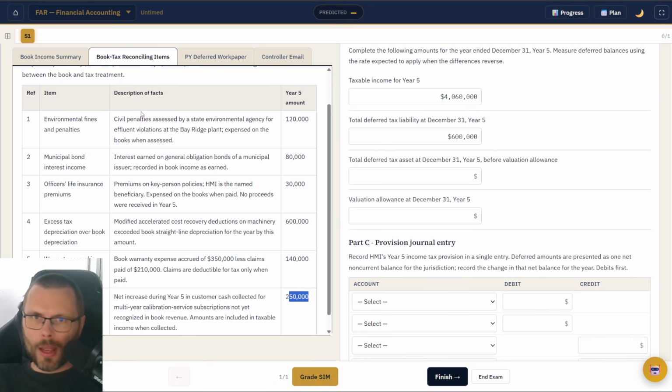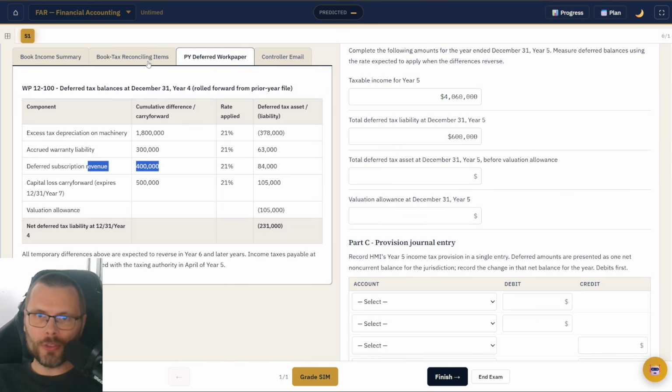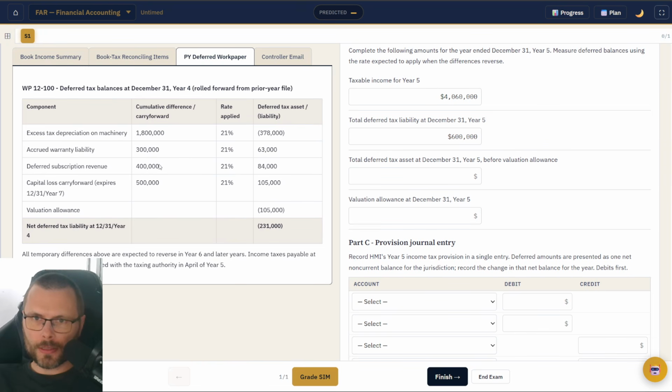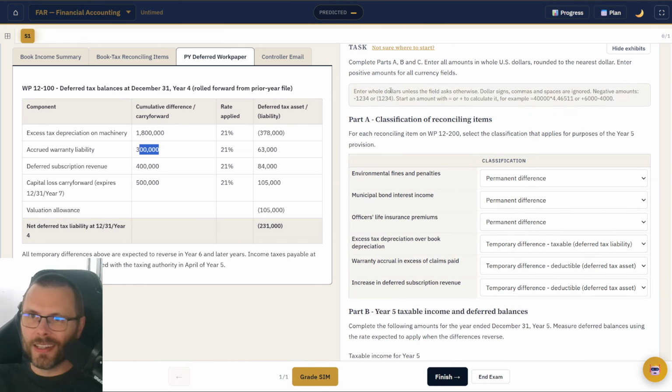So add that all together. The warranty is 300 plus the 140, which is 440. Times the 25%, we'll bring up the calculator for that one.